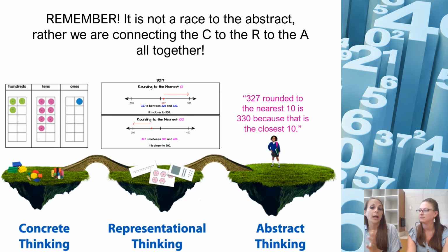Or we could go more abstract and go more in depth into the content that we're learning about and do higher level questions such as solving riddles like you saw at the beginning, or even having students label the number lines themselves. Remember, it's not a race to the abstract. Rather, we are connecting the bridges between these different types of thinking and different representations. Students can be fluid with how they are seen and showing their different strategies as well.